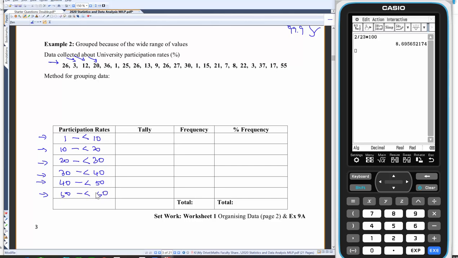Some students set the last group to be 50 to 55 or something like that, but you've got to keep the group size absolutely consistent. Once you set the spacing for these groups, it's got to be exactly the same throughout.